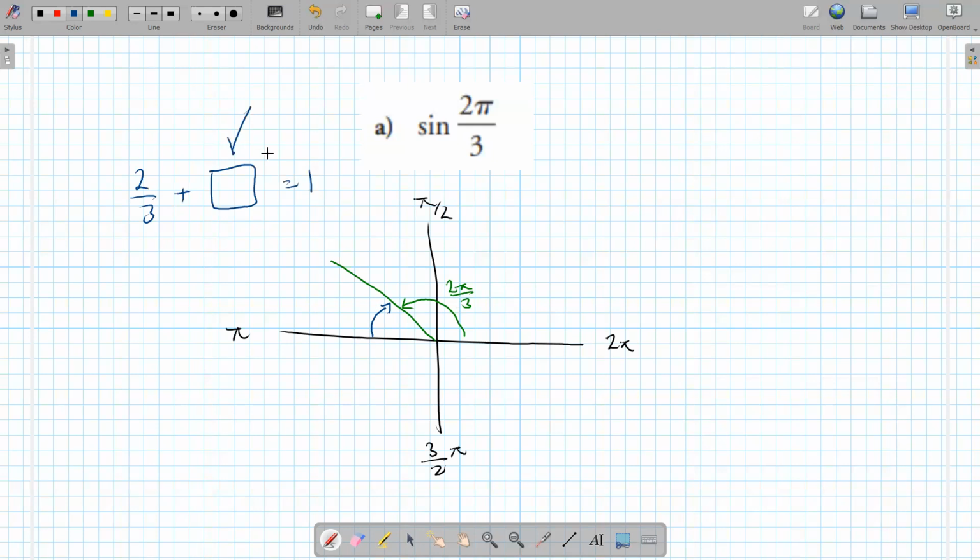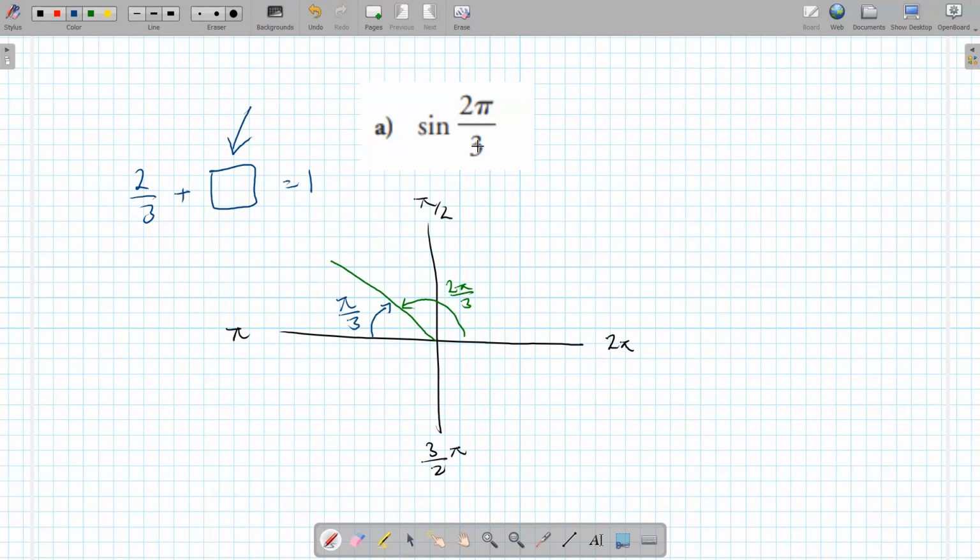What's this? 1/3, okay? So this angle here will be 1/3 pi, or pi over 3. So that's your acute angle. Cool?